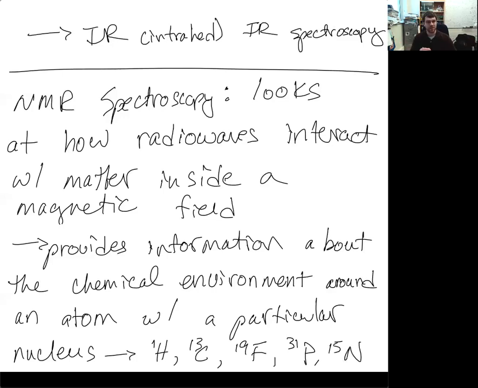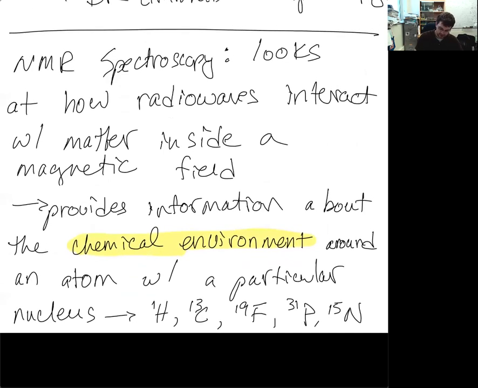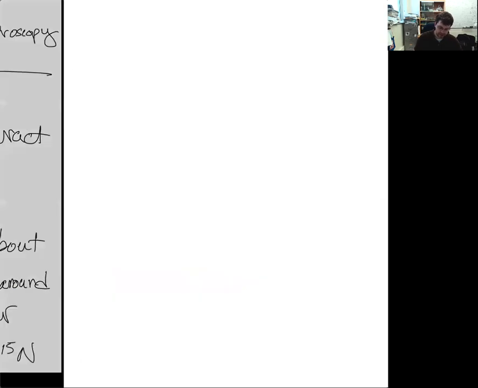So these are just examples of different nuclei that you can study using NMR spectroscopy. And what's that thing that we're studying? Once again, that's the chemical environment of the matter that we're looking at. So we have to keep using that word, chemical environment. That's important.